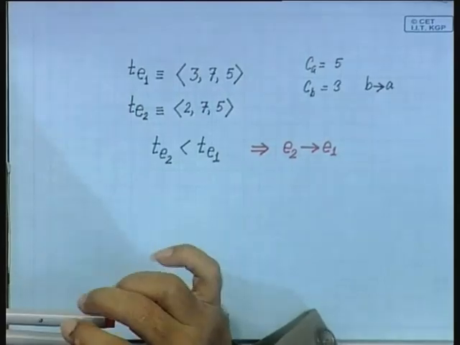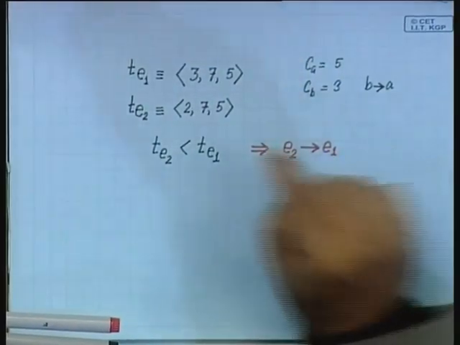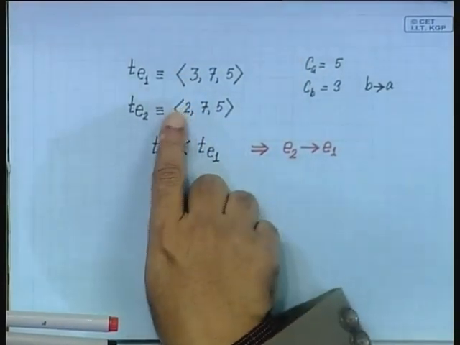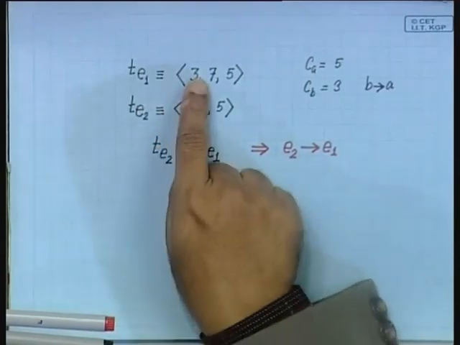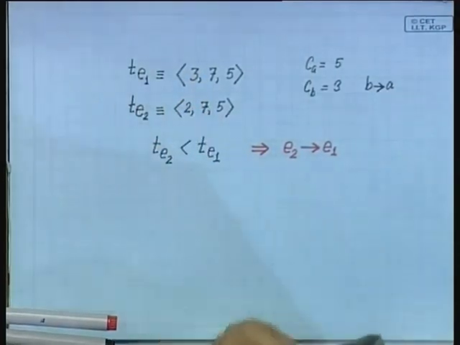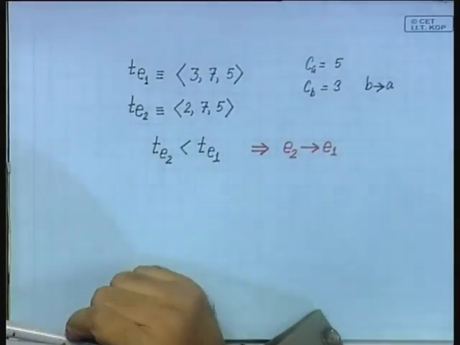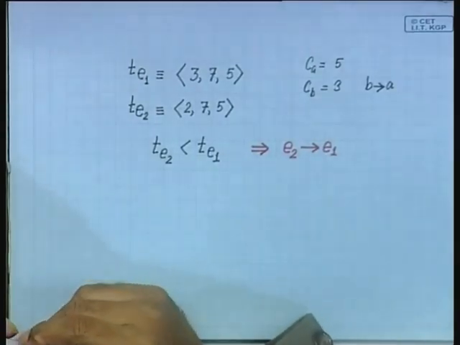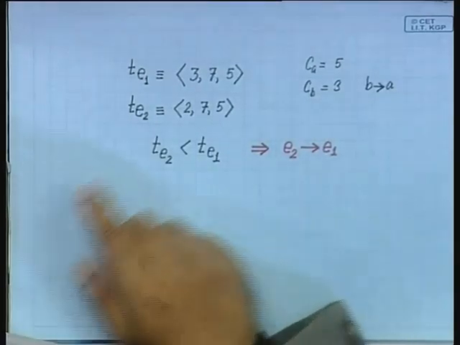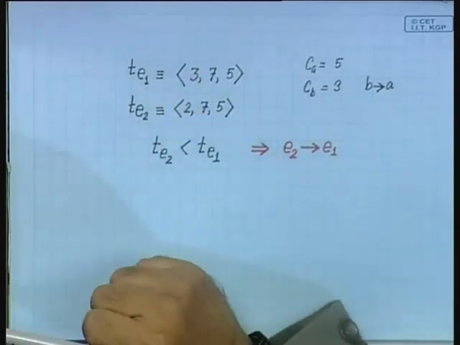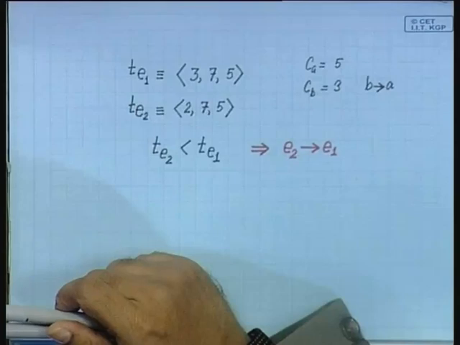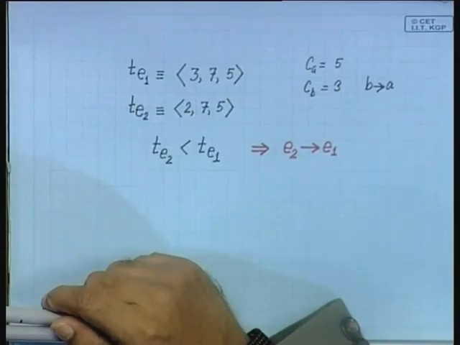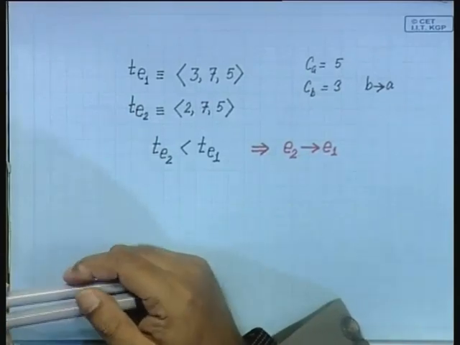See, let us be clear. What do we want to show? We want to show that if the vector, according to this comparison rule, is smaller than the other, then there has to be a causal order between the events. Otherwise, they cannot have these stamps. In other words, they cannot be concurrent.